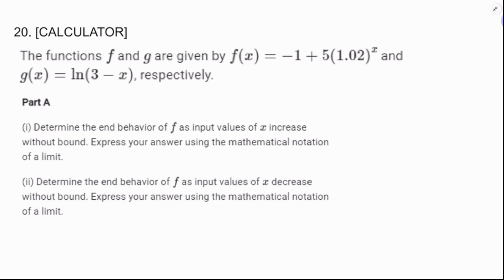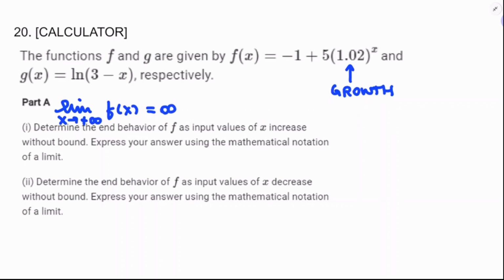Right, this next one also allows the use of the calculator, but I still don't think I'm going to need it. Determine the end behavior of f as input values increase without bound. Okay, this is exponential growth because of the 1.02 being bigger than 1. As a result, I can say that the limit as x approaches positive infinity of f of x is going to go to infinity.